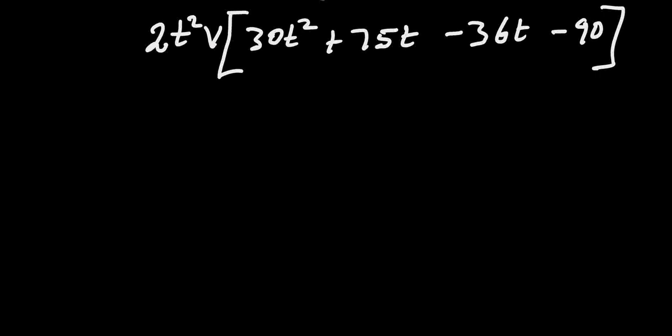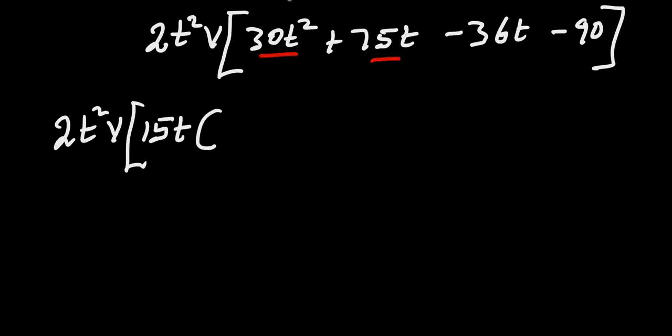So take the first two, this and this, and the GCF of 30t squared and 75t would be, remember, we have 2t squared v block bracket, so the GCF of this would be 5, or 15, yes, 15t.